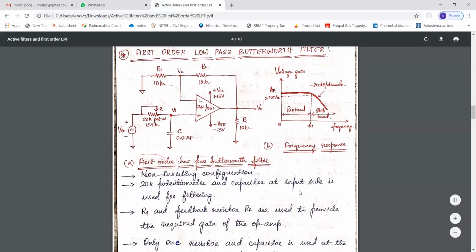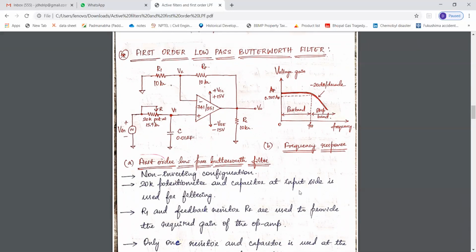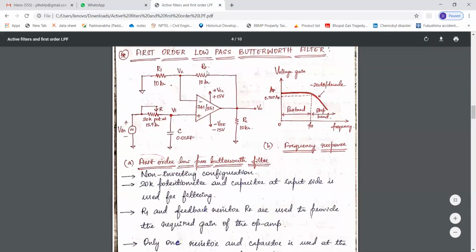Now this circuit is a non-inverting configuration. As you can see here, the input signal Vin is given to the non-inverting terminal, and this potentiometer indicated by R, and this capacitor C at the input side is used for filtering purpose, and this resistor R1 and RF is used to provide the required gain for this op-amp 741 or 351.